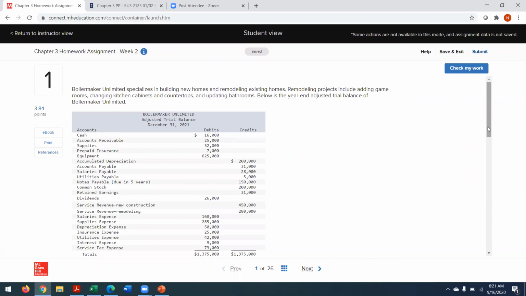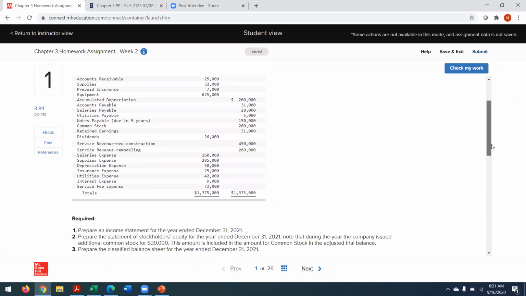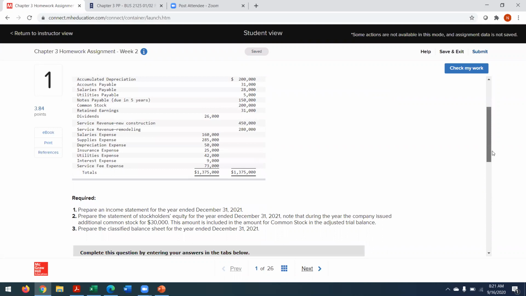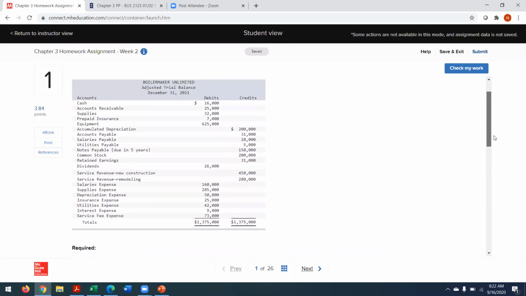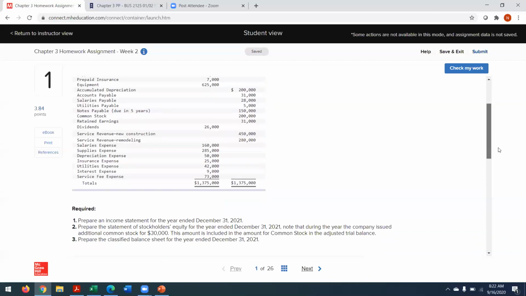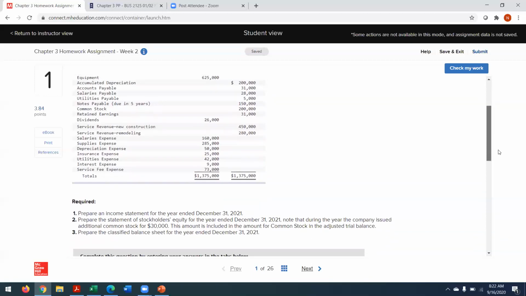Then we have our revenues and our expenses. Now, we are required to prepare an income statement for the year ended December 31st, 2021. Then we'll prepare our statement of stockholders' equity, and it's giving us some information.